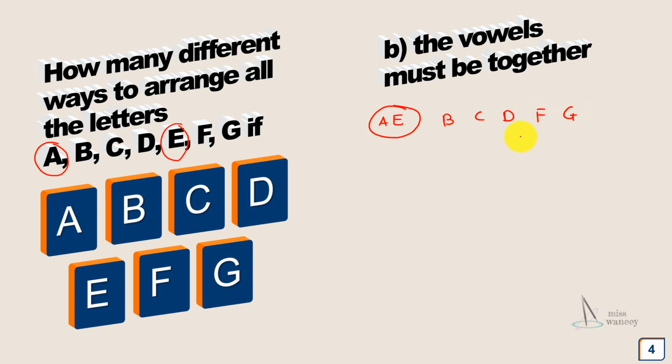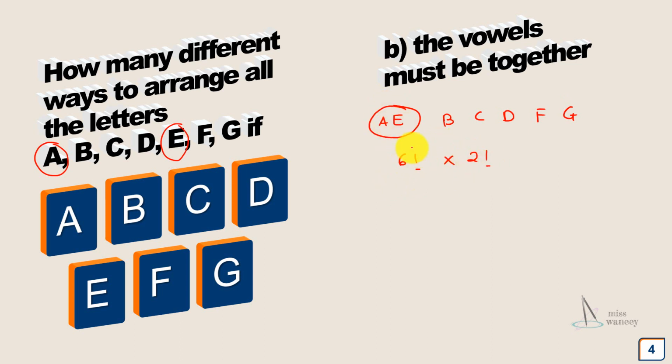So when we want to arrange them, firstly we got to consider this as one group. So I will have 1, 2, 3, 4, 5, 6. So that means 6 different things to arrange. And then inside this group, I have 2 different arrangements because this is 2 letters. So it can either be AE or EA. So this is 2 factorial.